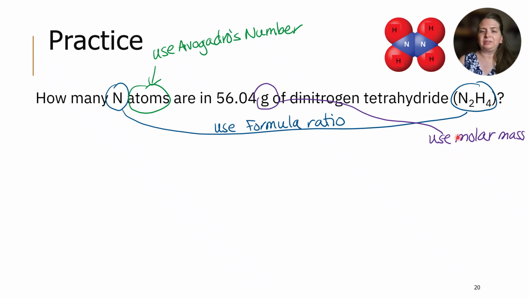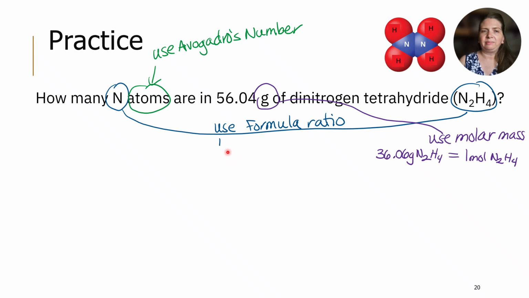Let's determine the molar mass first. The molar mass can be calculated by adding up the masses of 2 nitrogens and 4 hydrogen atoms. The molar mass is 36.04 grams of N2H4 is equal to 1 mole of N2H4. Now let's look at the formula ratio.